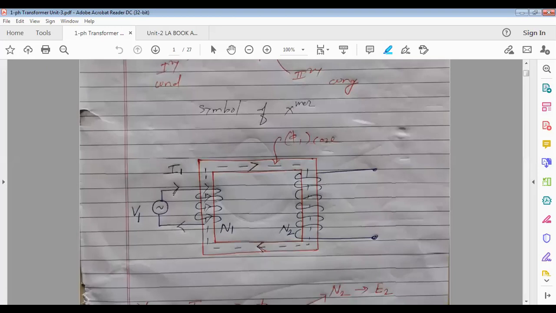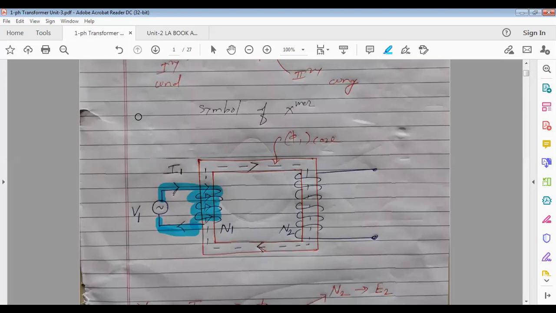Okay. So see, the primary and secondary windings are made up of copper, and these are insulated with some insulating material. Now, the thickness of the insulating material used for this primary and secondary copper winding depends on for how much voltage you are using this transformer.